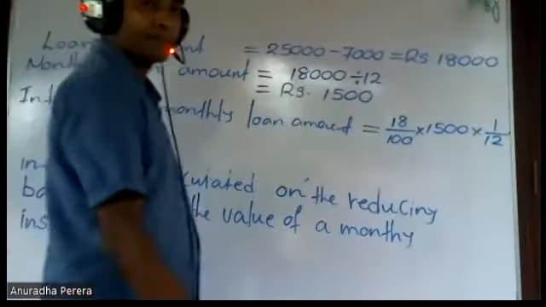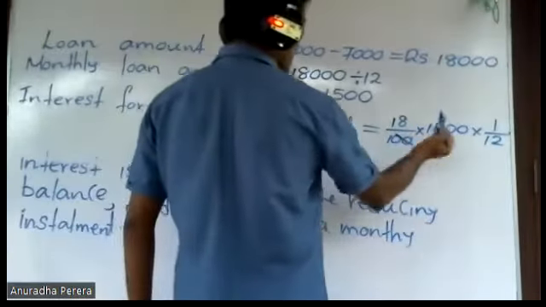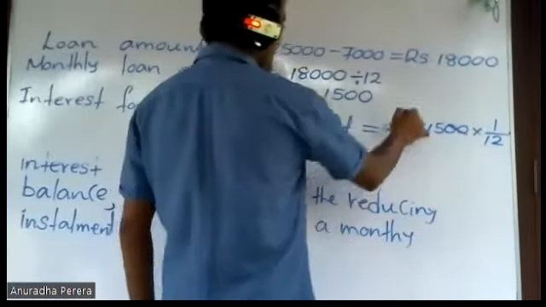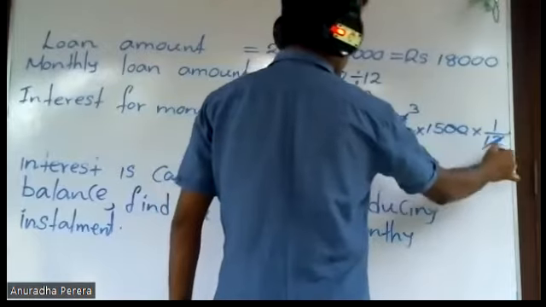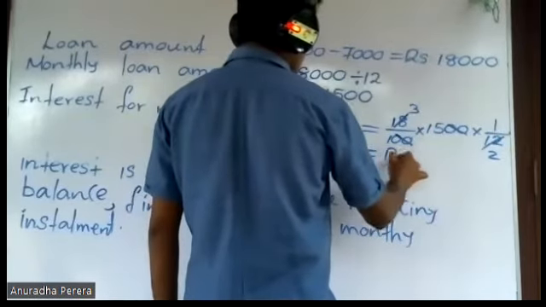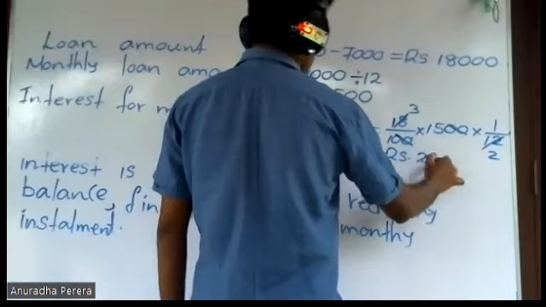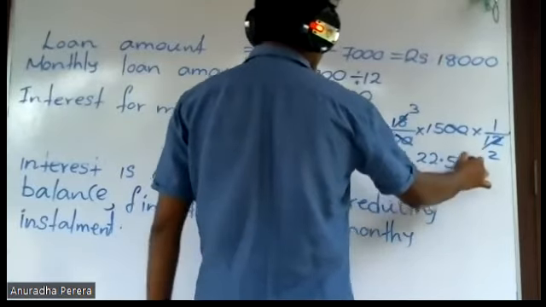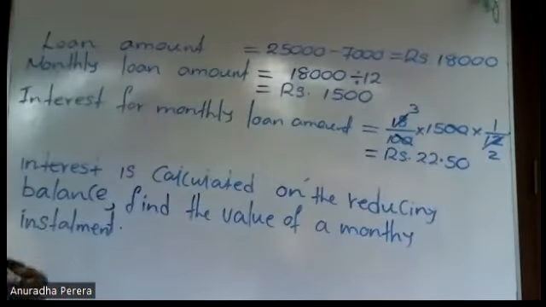Simplify by 6, 3, 2: 45/2, 22 rupees 50 cents. Right. What is this?